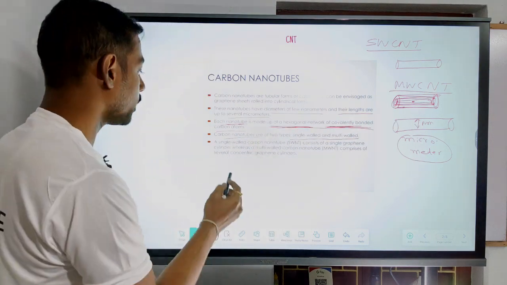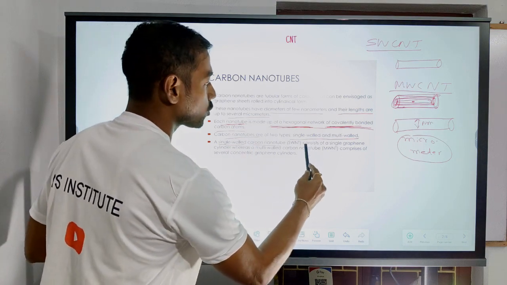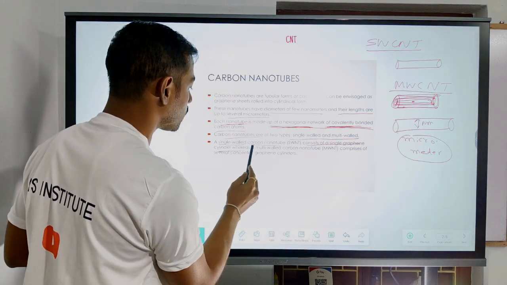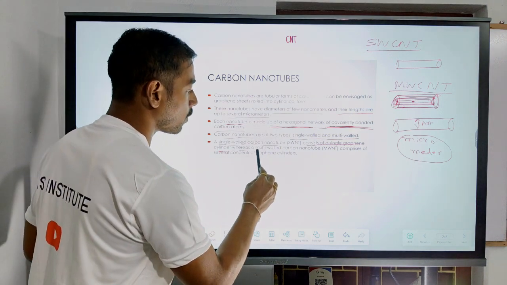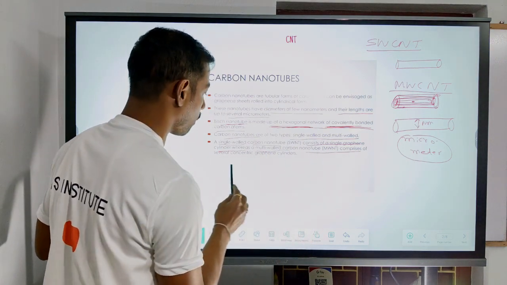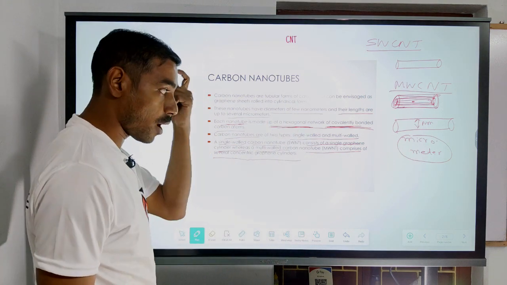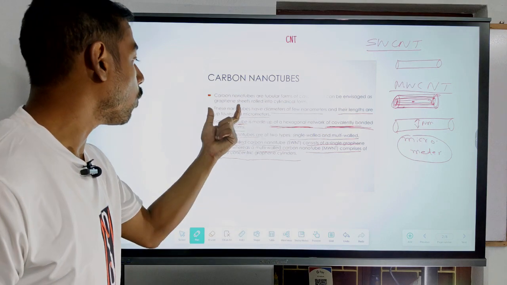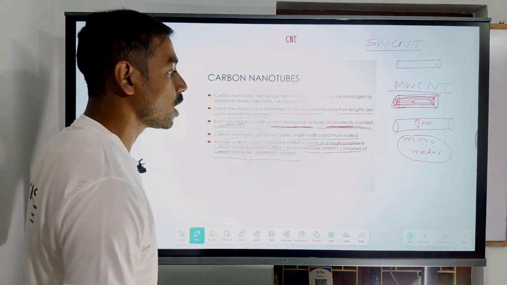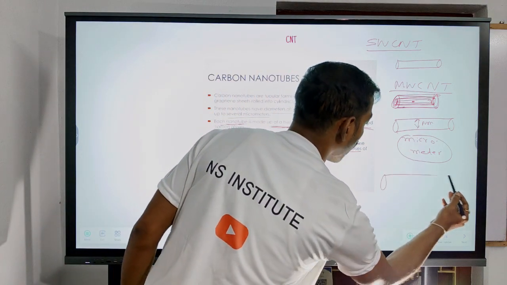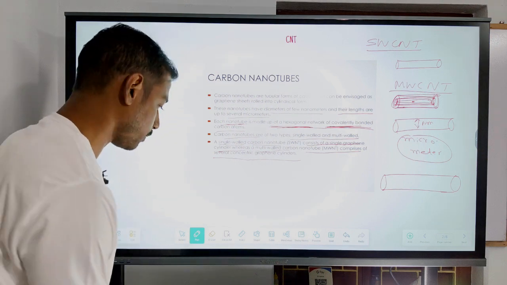Now coming to the next point, a single walled carbon nanotube consists of a single graphene cylinder, or a single cylindrical graphene sheet, whereas a multi-walled carbon nanotube comprises several concentric graphene cylinders. Suppose you have one cylindrical graphene sheet like this.